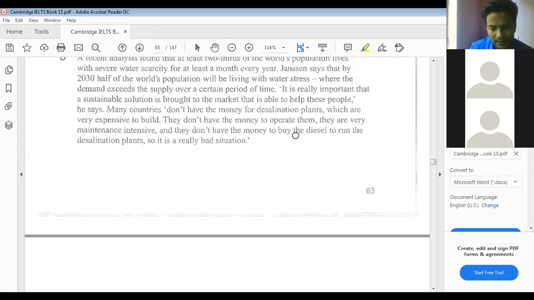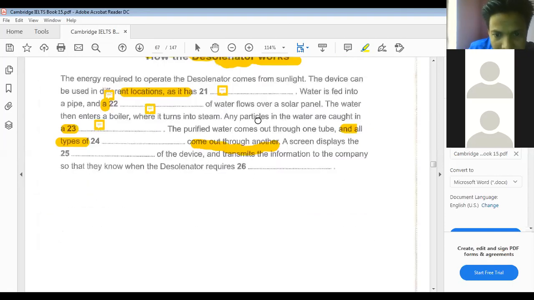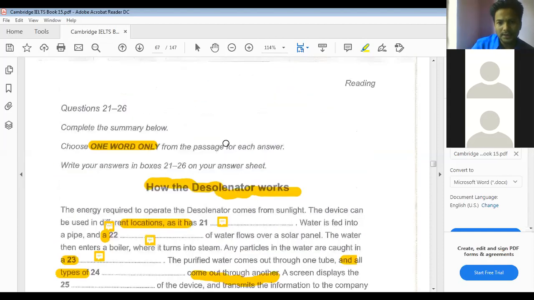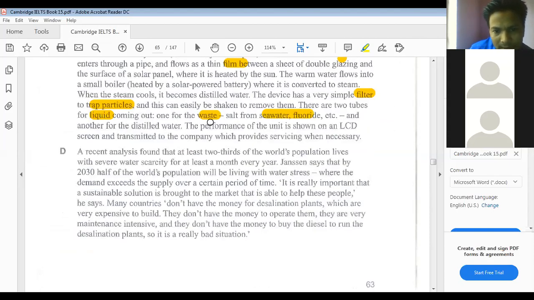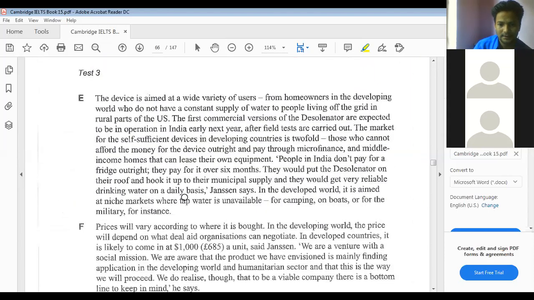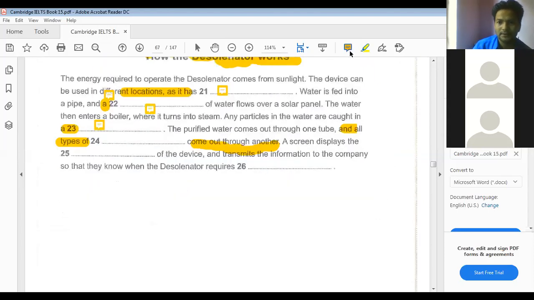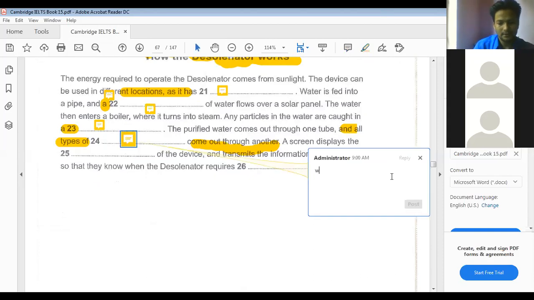The water gets purified by the filter, and then the liquid comes out through one tube and all types of waste through the other. Waste is the answer, because the liquid comes out from one and the other is waste. Question number 24 is waste, W-A-S-T-E.